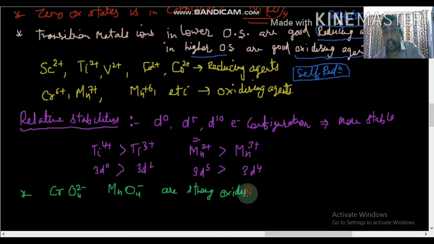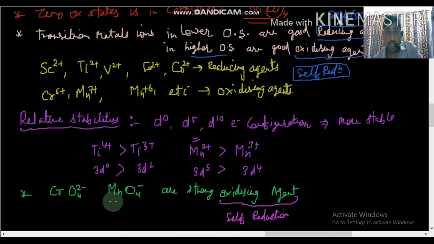Now what does that mean, and why is this so? If we elaborate, oxidizing agent means self reduction. Why do they have this tendency? Because in MnO4 minus, manganese has a +7 oxidation state. In CrO4 2 minus, the chromate ion, chromium has a +6 oxidation state.